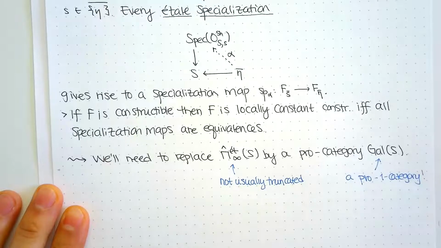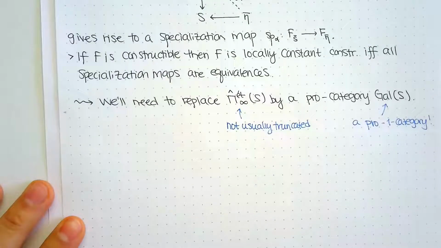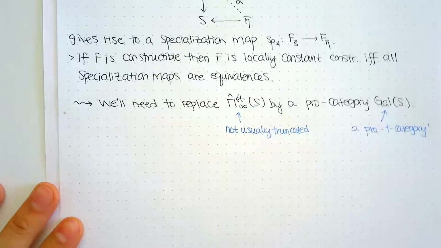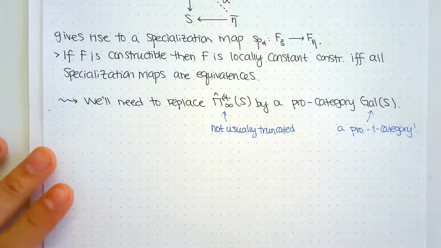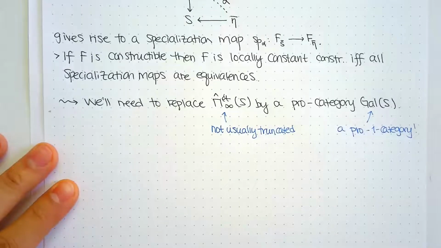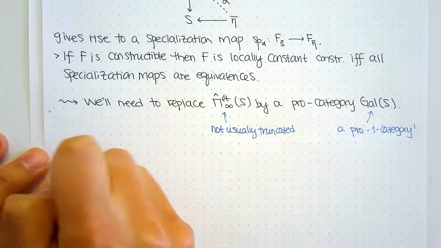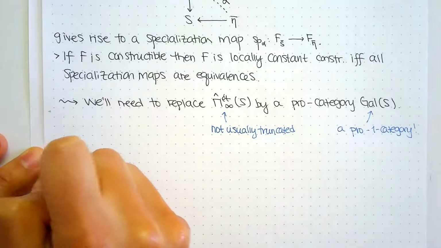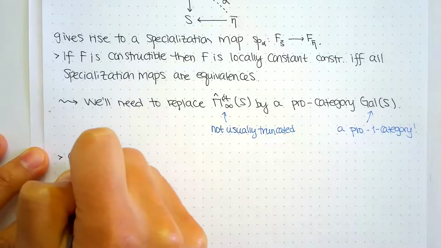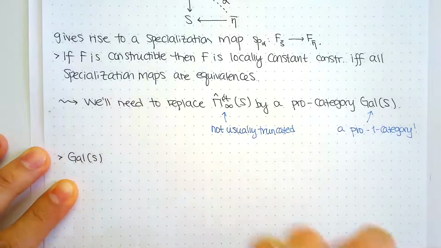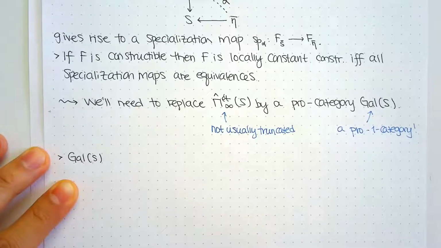And so it'll admit a very classical description. Really this guy, which we call Gal S, or the Galois category. I know the Galois category is already a used term, but it seemed appropriate, as you'll see in a minute.